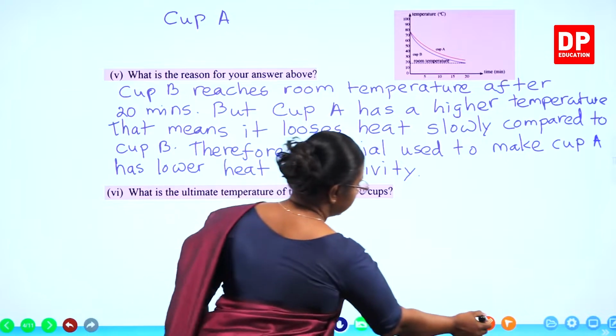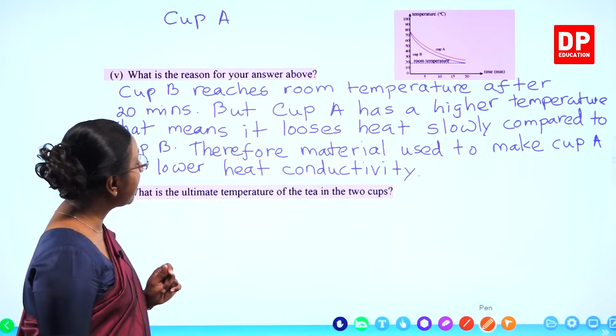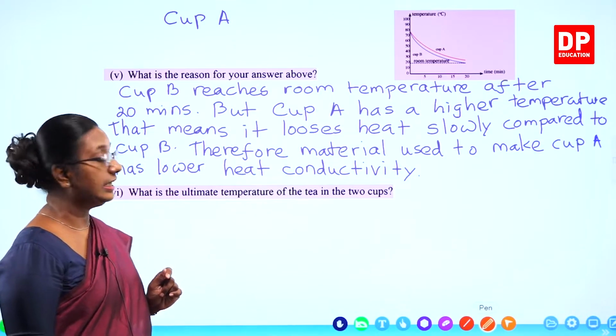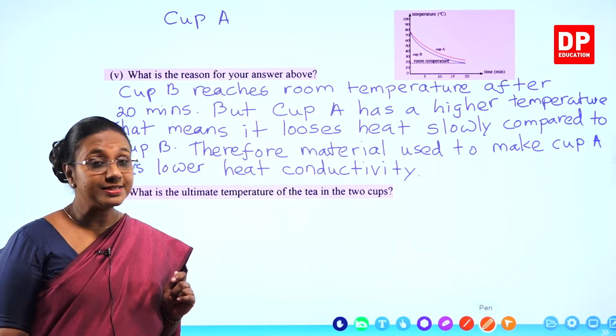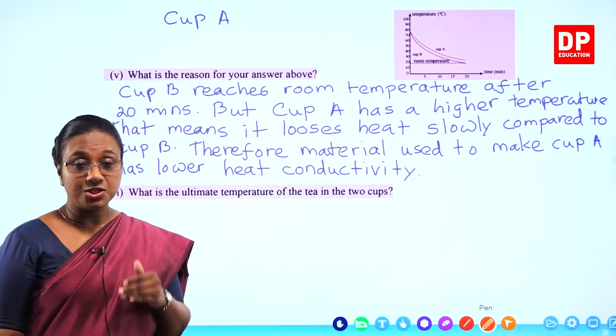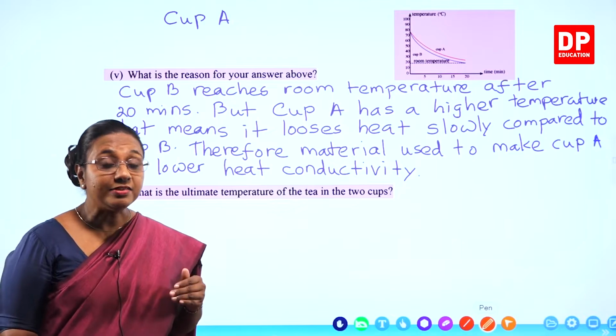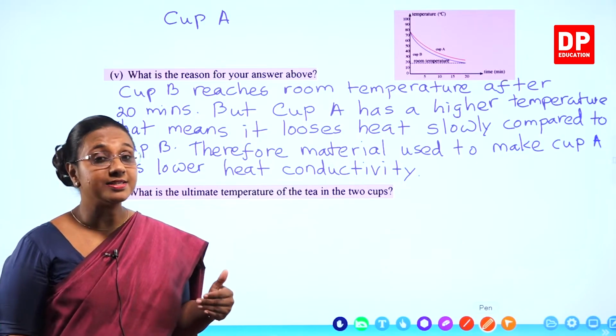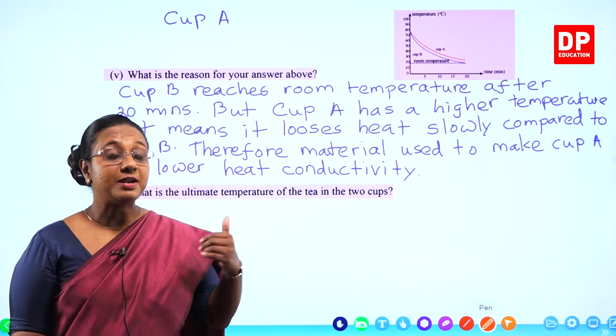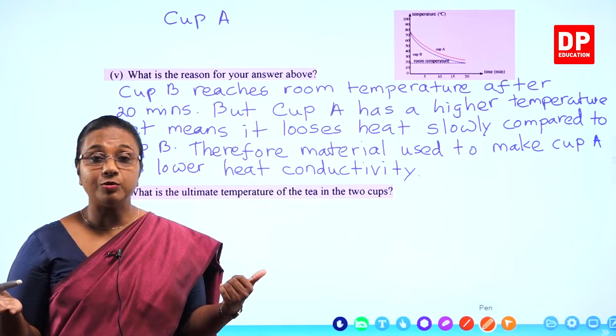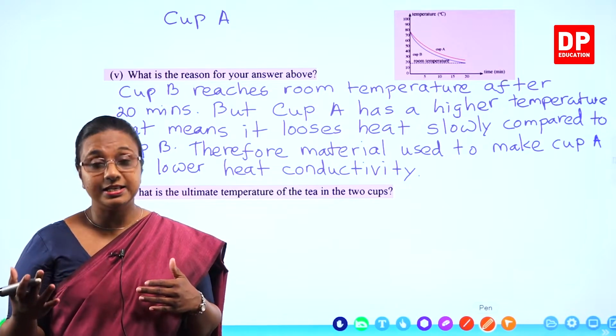Then the next one. What is the ultimate temperature of the tea in the two cups? I told you all before, heat transfer takes place when there is a temperature difference. But when the temperatures become equal, there will be no heat transfer.